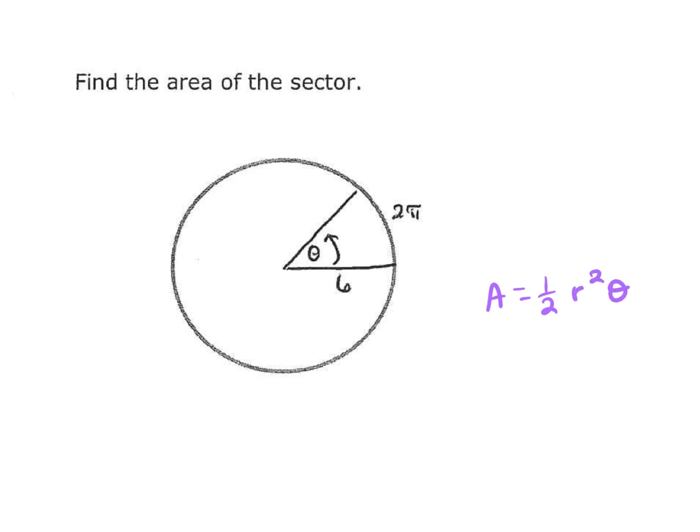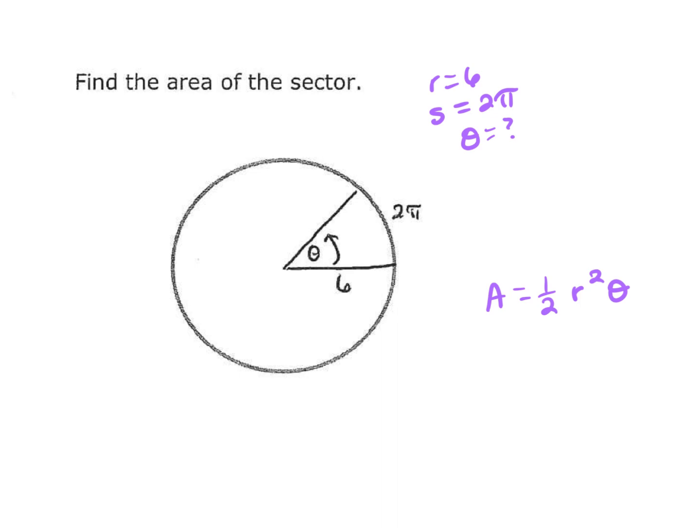But I need you to think about what we're given. We're given that r is 6, and we're given that the arc length, which is s, is 2 pi. But we don't know what theta is equal to. The directions are asking you to just find the area, but in this case, you have to use both formulas.